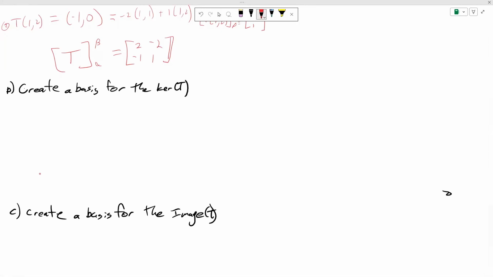Now we start by setting up the augmented matrix [2, -1, -2, 1] with the 0 vector. Now we're just going to solve this.